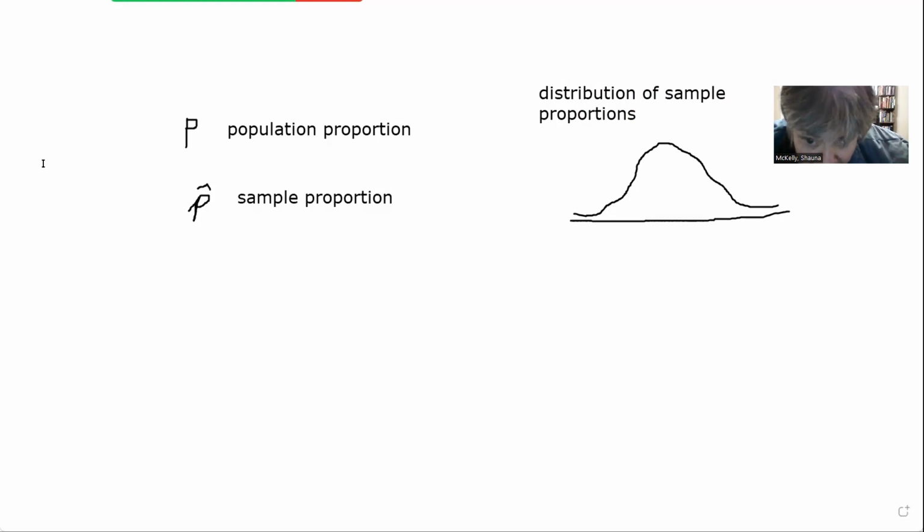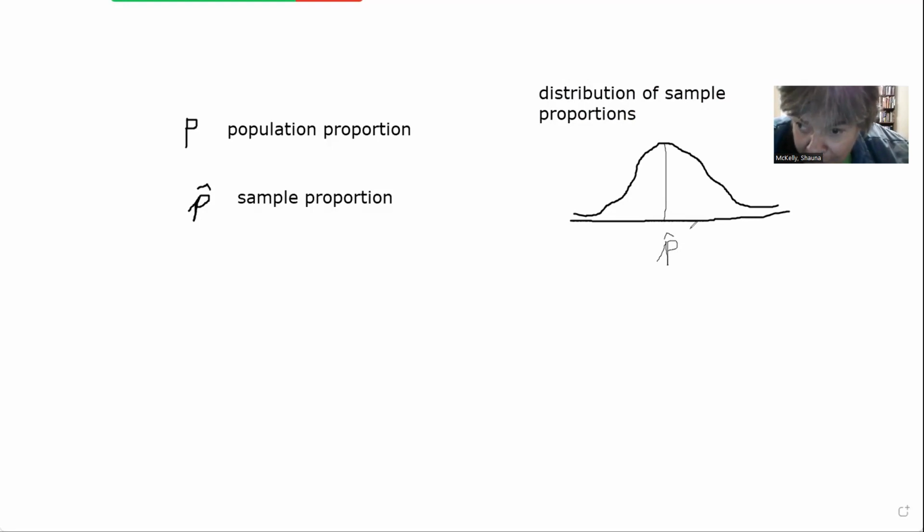We'll have a mean, but it won't be a mu. Because the mean is always in the middle of the distribution, it's going to be p hat. This is our sample proportion. It's going to be around our sample proportion here.